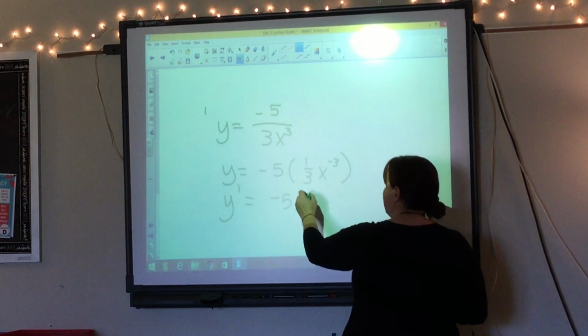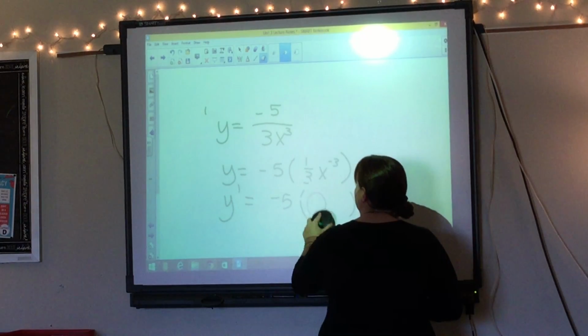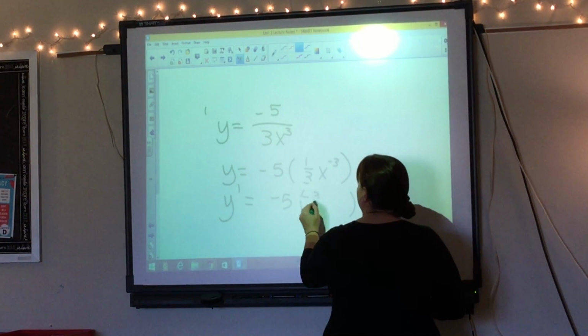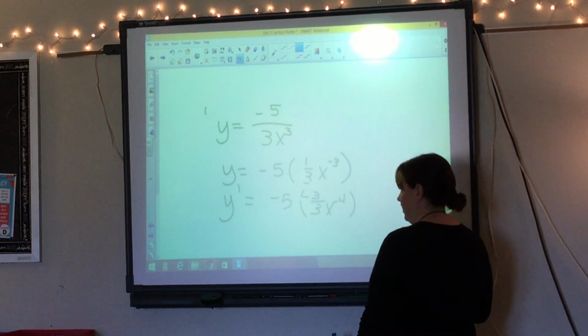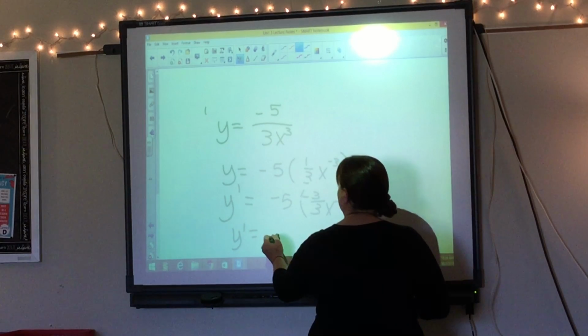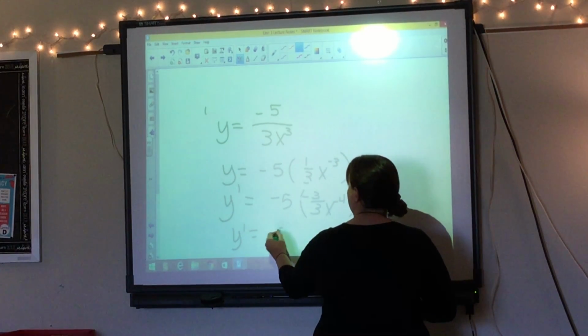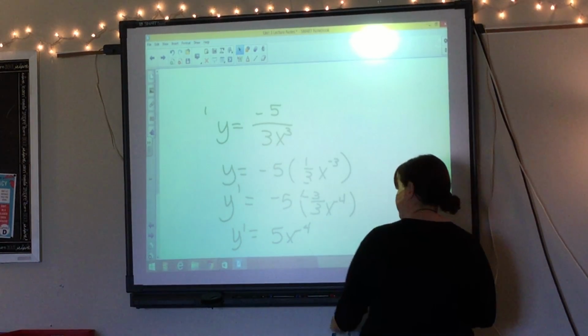Well, the derivative of this is negative 3/3 x to the negative 4. So y prime equals negative 5 times negative 1, which gives us a positive 5 x to the negative 4. Okay?